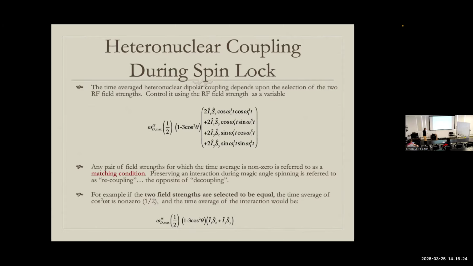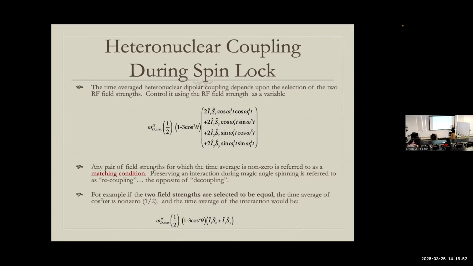So any pair for which the time average is non-zero is referred to as a matching condition. And a matching condition means that the interaction during that pulse sequence, if it involves magic angle spinning or not, or whatever, if I choose those 2 values so that this averages out to be non-zero, we call that recoupling, the opposite of decoupling.